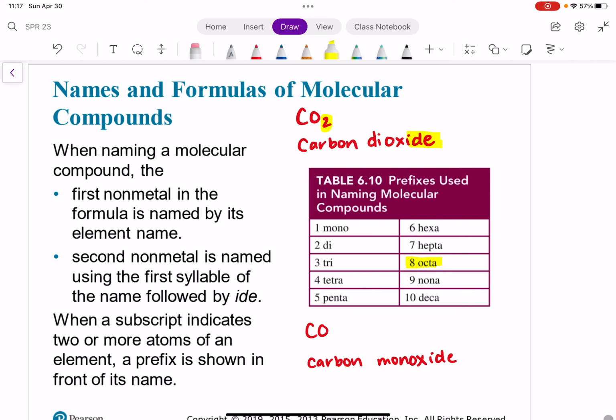Deca, like decade, is 10 years. Hexa, like a hexagon, has 6 sides. A pentagon has 5 sides. A triangle has 3 sides. So hopefully that makes sense.